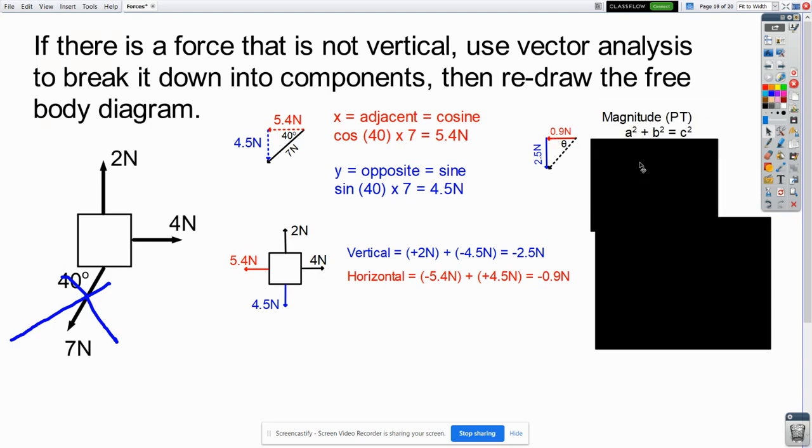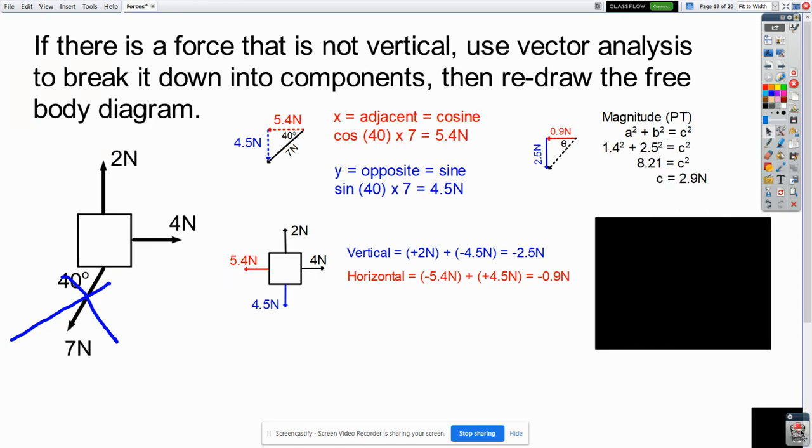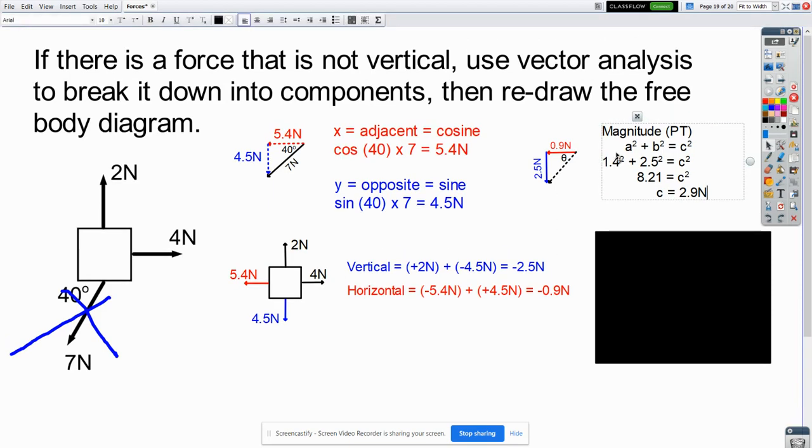To get the magnitude, we'll use Pythagorean theorem. A squared plus b squared equals c squared. And again, I'm going to change this one little thing. That's 0.9 squared plus 2.5 squared is 7.06. Again, that is c squared.